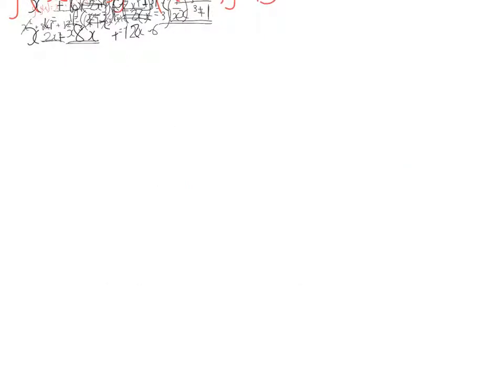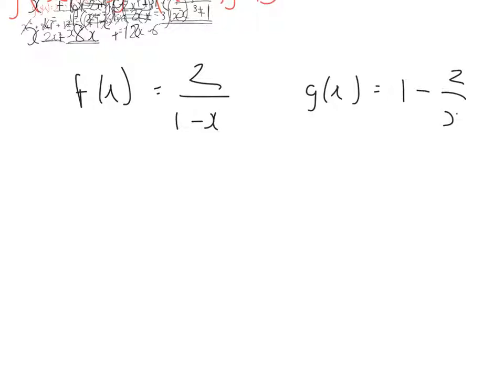One more example, this time I've got f of x equals 2 over 1 minus x, and g of x is equal to 1 minus 2 over x. The question's asked me to find f of g of x.